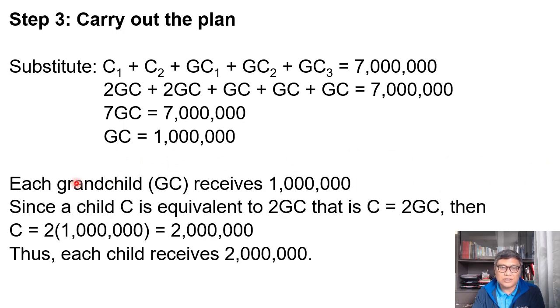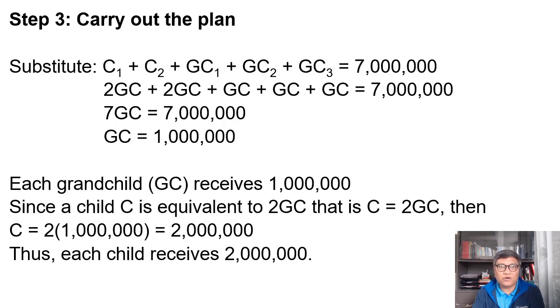However, because the child is receiving twice as much as the grandchild, the child will be equal to 2GC, so the child will be 2 times 1 million, equal to 2 million. Thus, each child receives 2 million, while each grandchild receives 1 million.